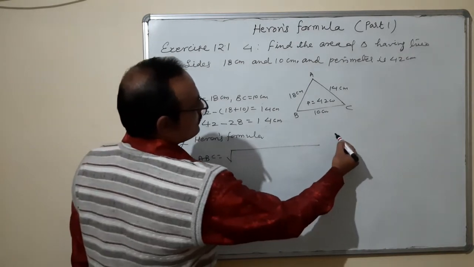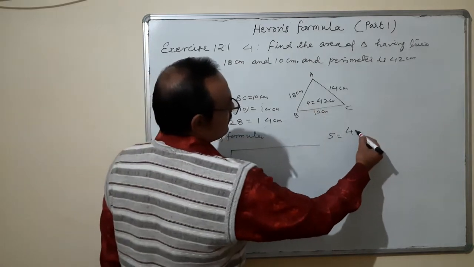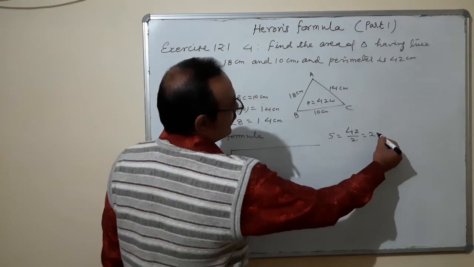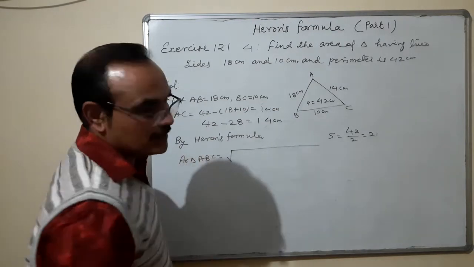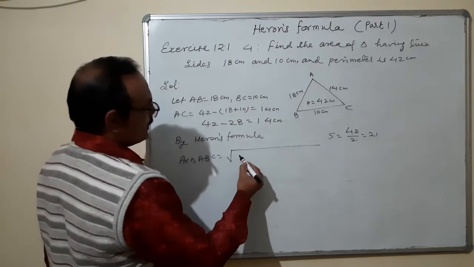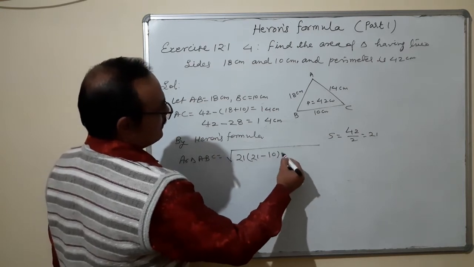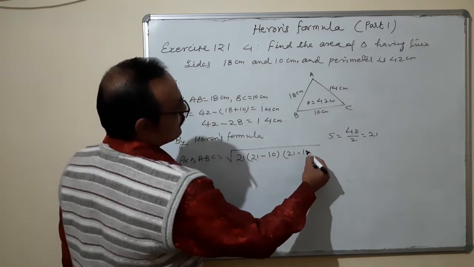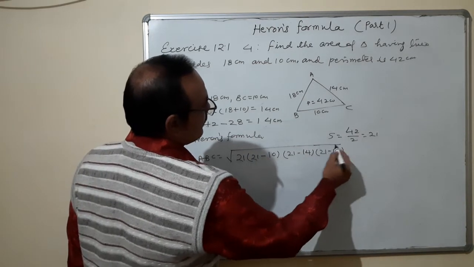S is equal to the sum of three sides, the perimeter 42, divided by 2, which is 21. So 21 minus A 10, 21 minus B 14, and 21 minus C 18.